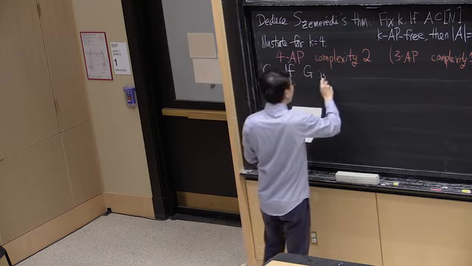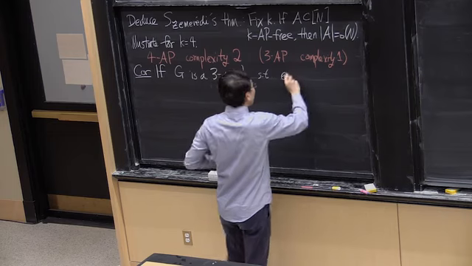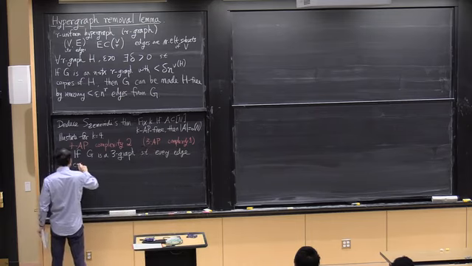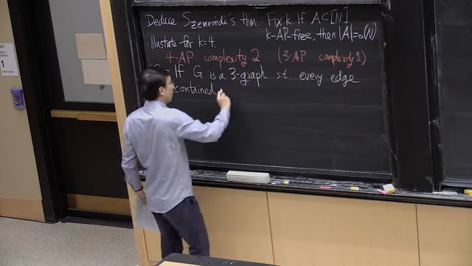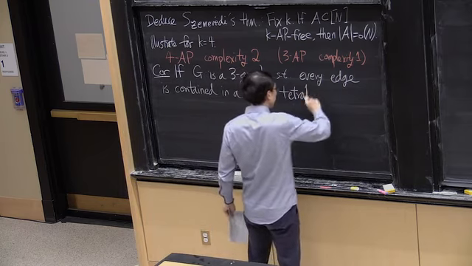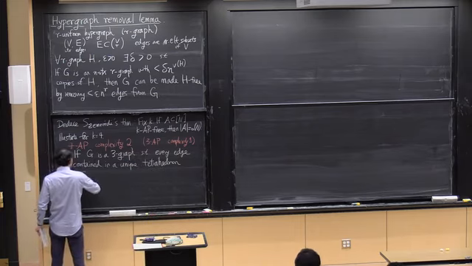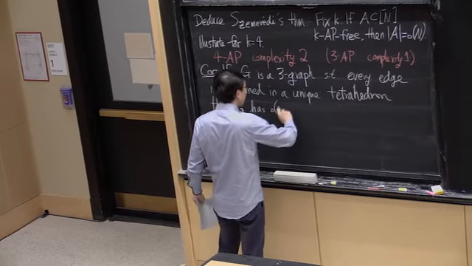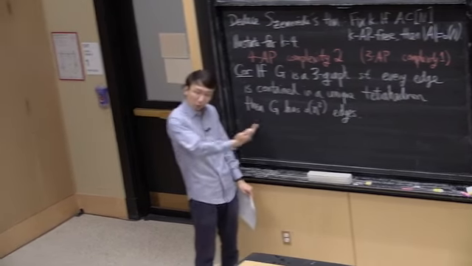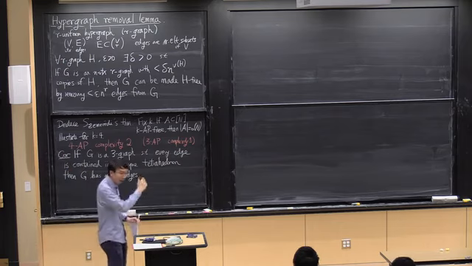If G is a 3-graph such that every edge is contained in a unique tetrahedron, then G has subcubic number of edges. Completely analogous to the one we have for triangles, and the proof is identical. You read the proof, and everything works exactly the same way once you have the removal lemma.